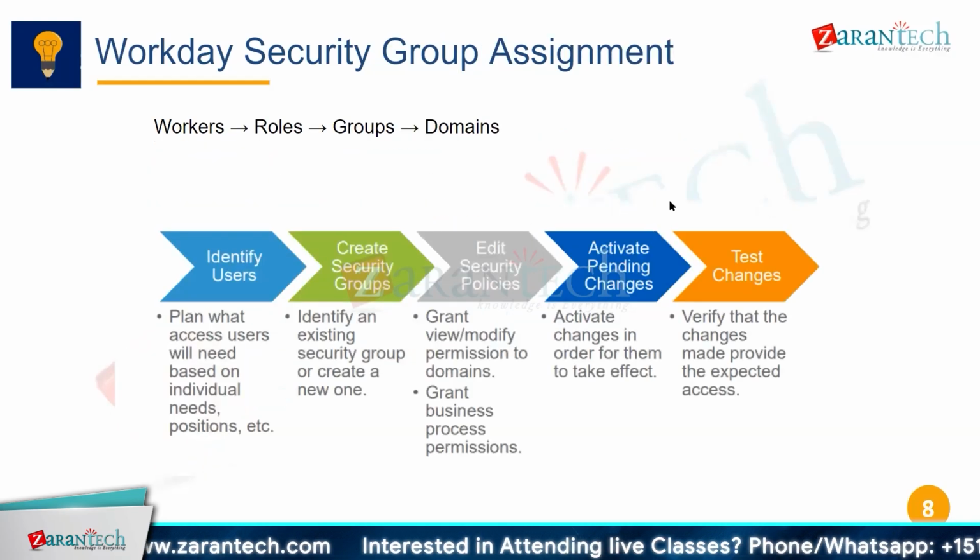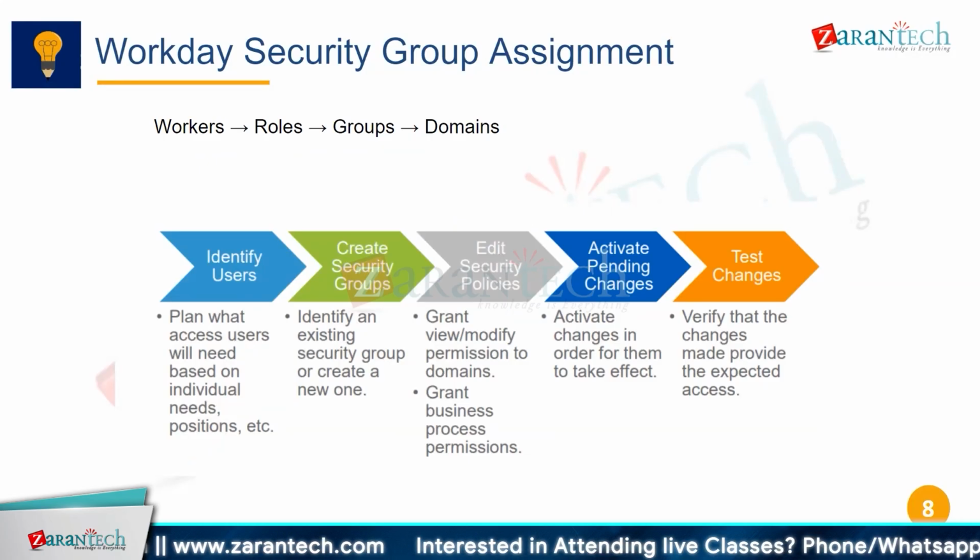The Workday security group assignments. We go through this process: workers, roles, groups, domains. And how do we plan it? First, identify users: plan what access users will need based on individual needs and position. Create security groups: identify an existing security group or create a new one.